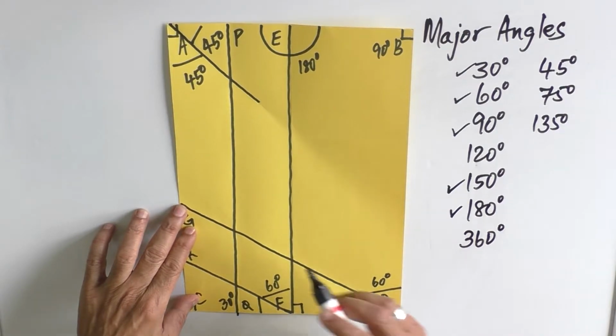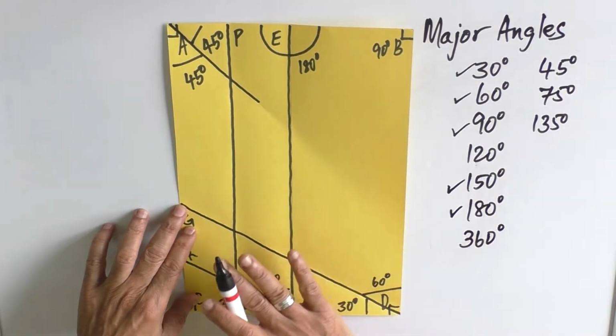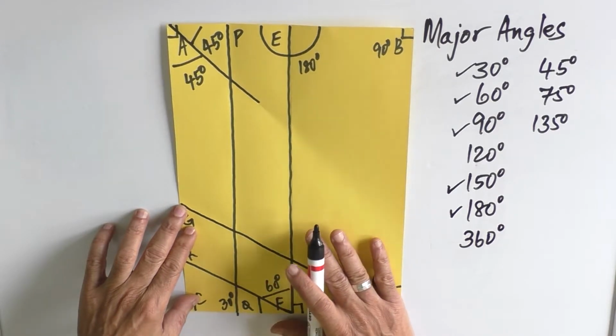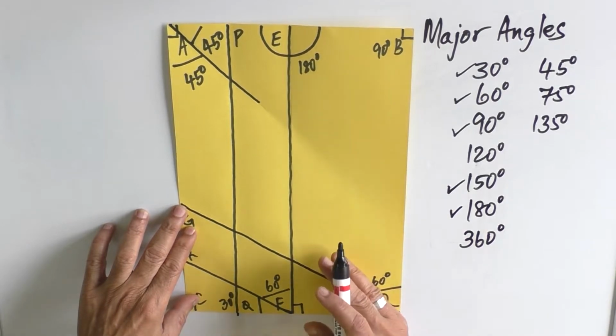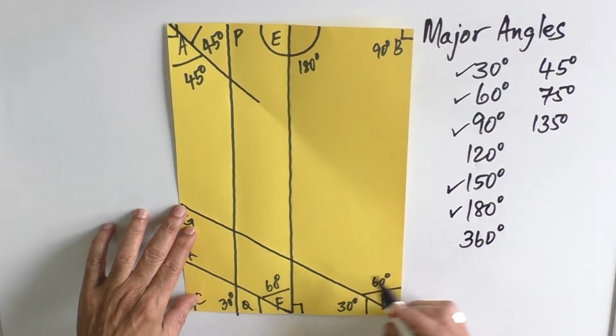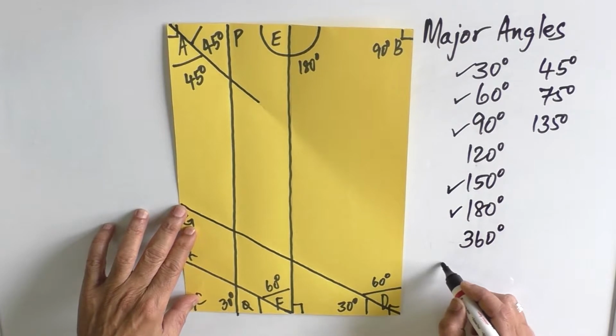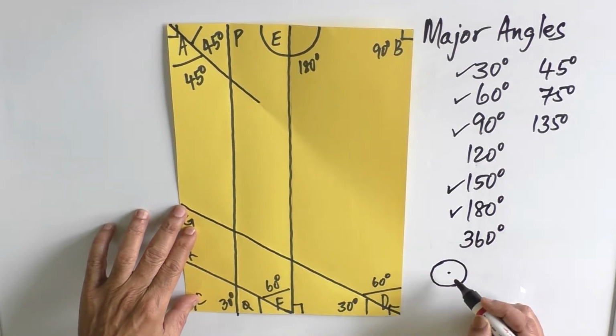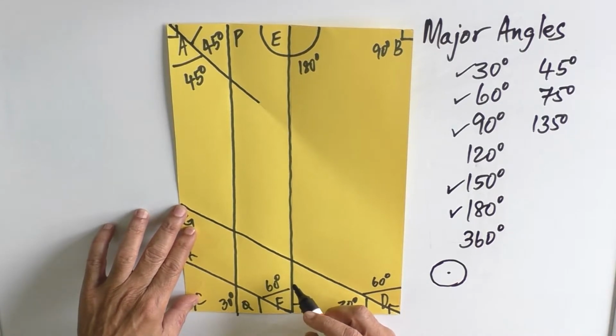Okay. So now we have understood the major angles 30, 60, 90, 150, 180 and 45. 360 degrees is the angle surrounding a point. Now that is easy to understand.